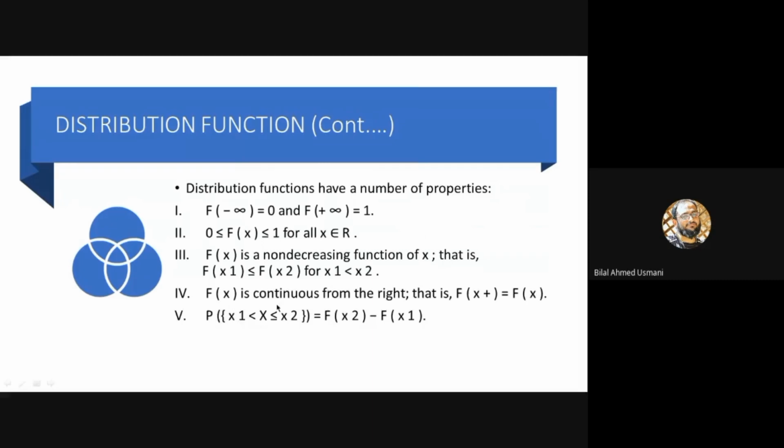Between these two random variables, just subtract the value at the smaller outcome from the bigger one. This will give you the probability.